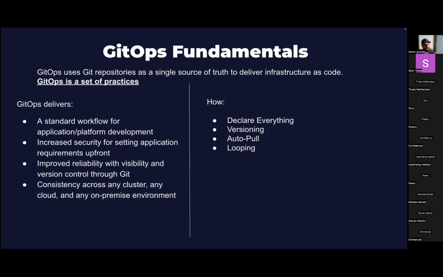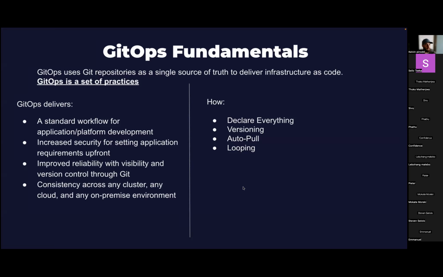But a small example: if you had Terraform code and then you had a GitHub action that every time you push your Terraform code, it automatically ran some Terraform pipeline to deploy it, you could consider that as GitOps. So GitOps is a set of practices. It's not a single thing. It came about with Kubernetes, as we'll get to why GitOps fits very, very well with Kubernetes, but it can be used beyond Kubernetes.